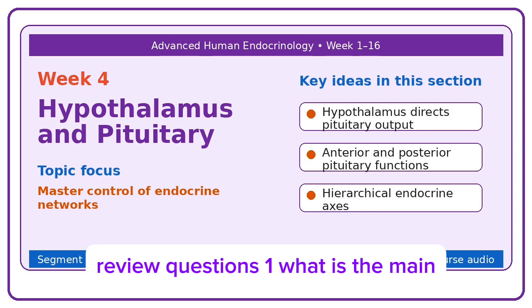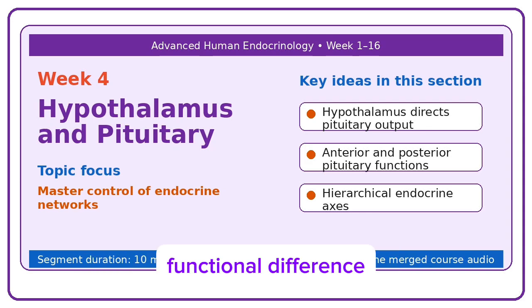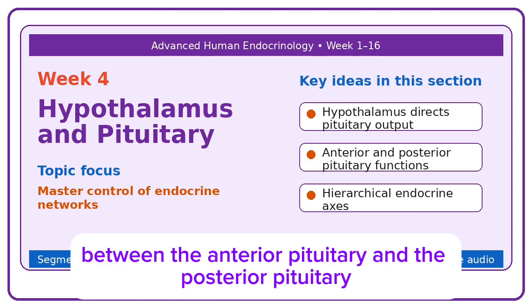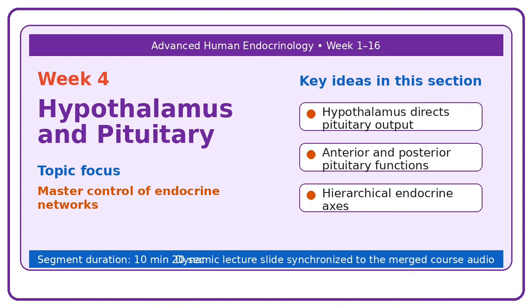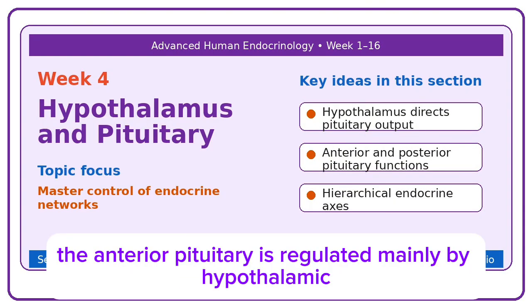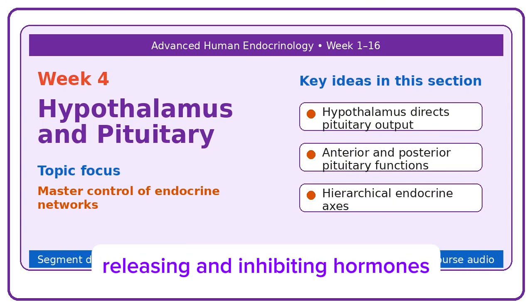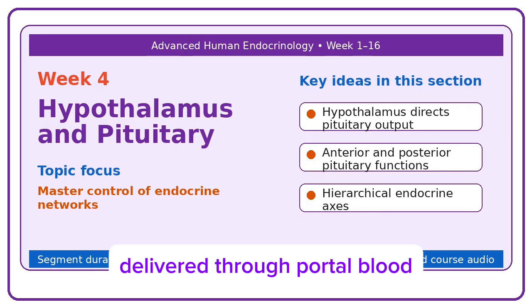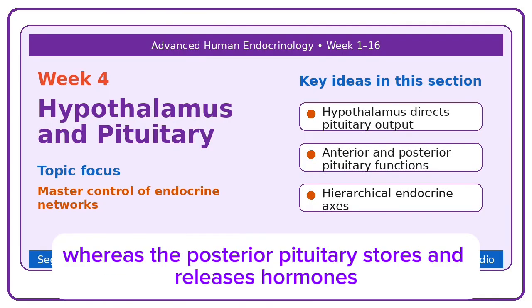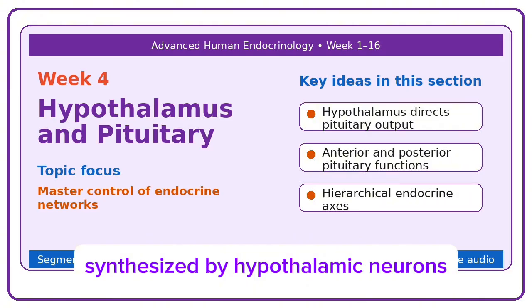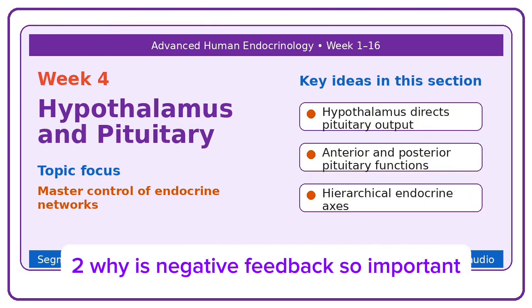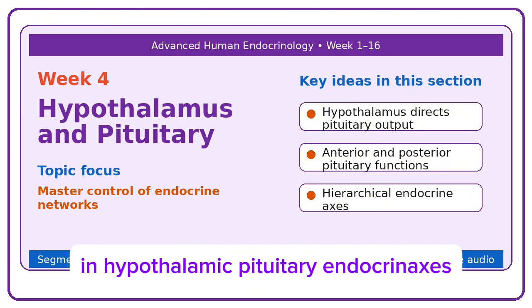Review questions. 1. What is the main functional difference between the anterior pituitary and the posterior pituitary? The anterior pituitary is regulated mainly by hypothalamic releasing and inhibiting hormones delivered through portal blood, whereas the posterior pituitary stores and releases hormones synthesized by hypothalamic neurons. 2. Why is negative feedback so important in hypothalamic-pituitary endocrine axes?